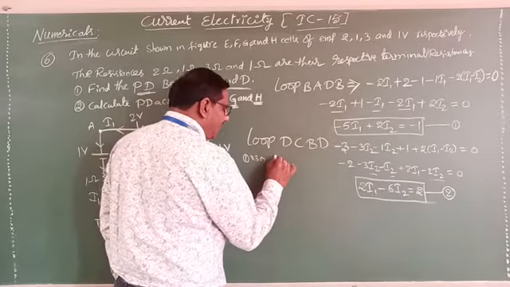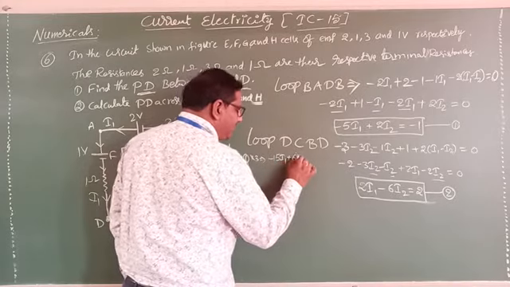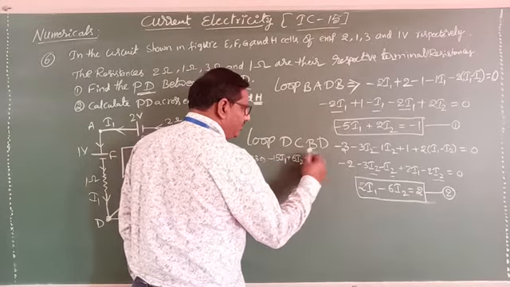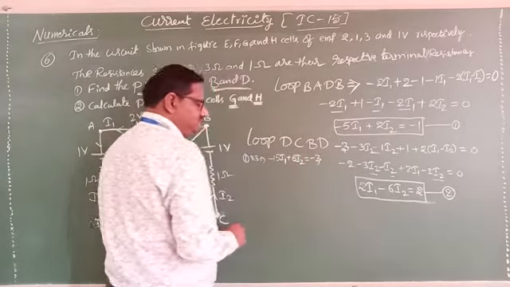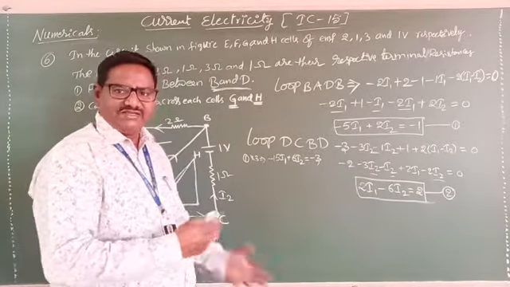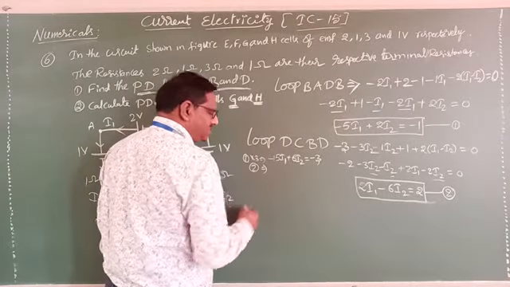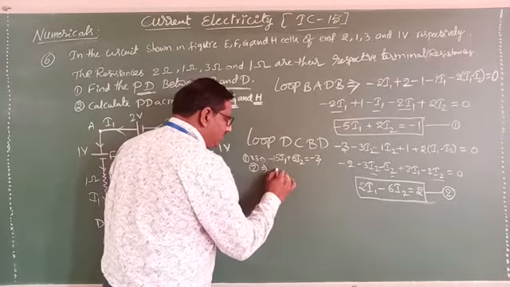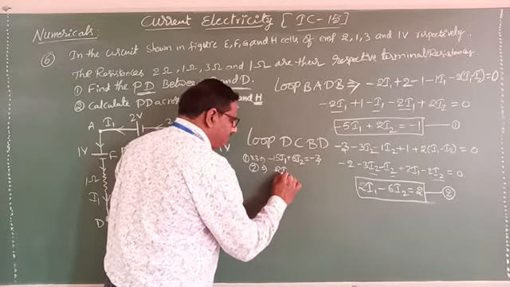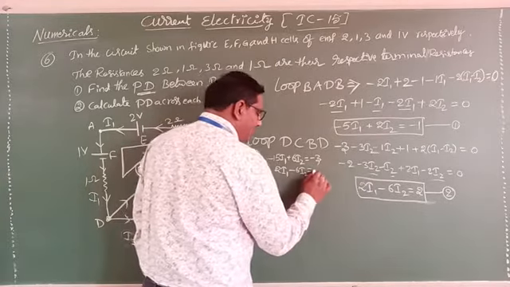Then what can I write? Minus 15I1 plus 6I2, that is equal to minus 3. Equation 1 multiplied with 3 to cancel easily. Now I will write the second equation as it is: plus 2I1 minus 6I2, that is equal to 2.